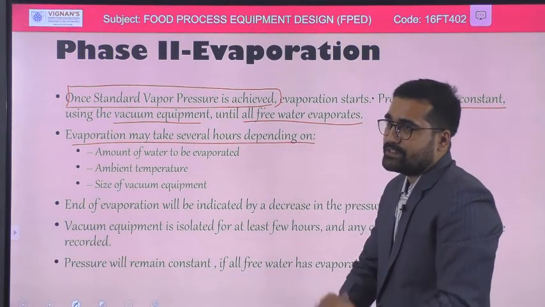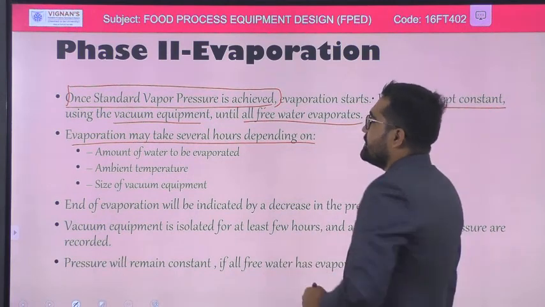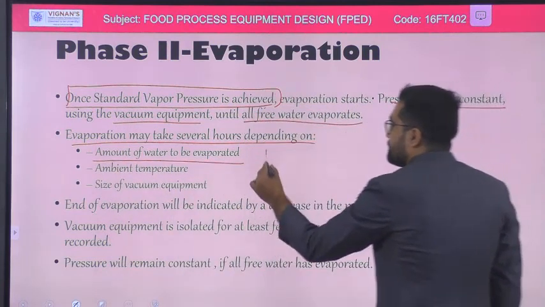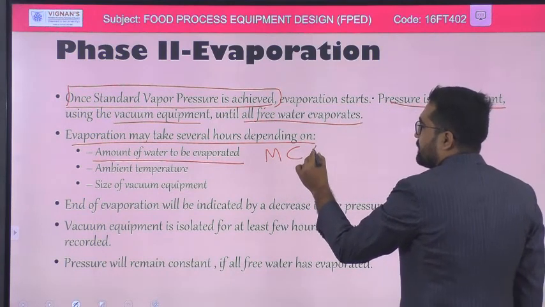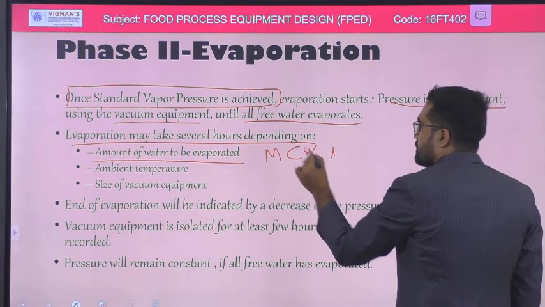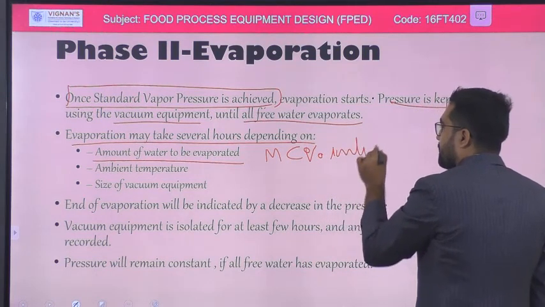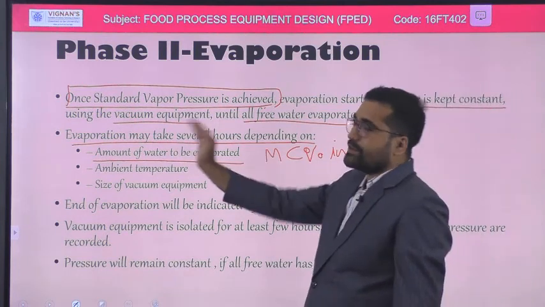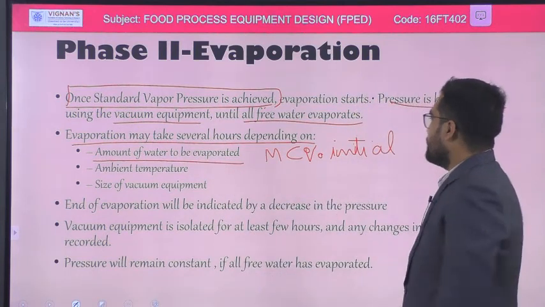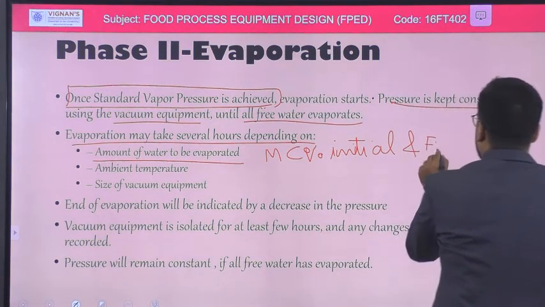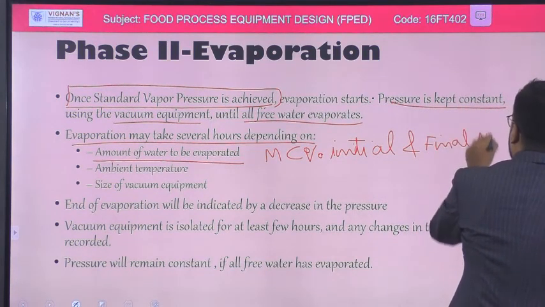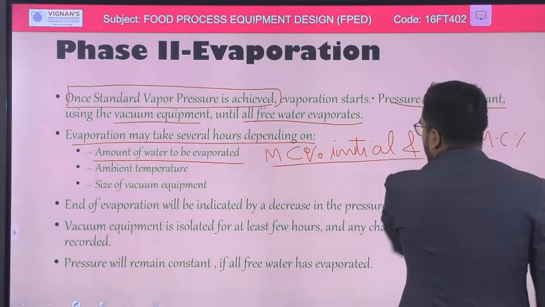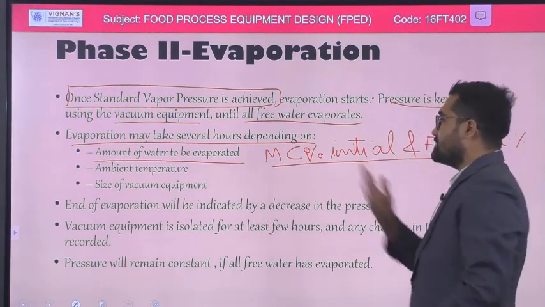So what are the parameters which affect the evaporation? The first one is the amount of water to be evaporated, which depends on the initial moisture content of the sample and how much final moisture content we are going to achieve.